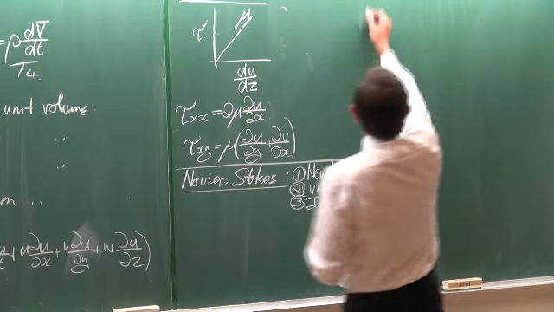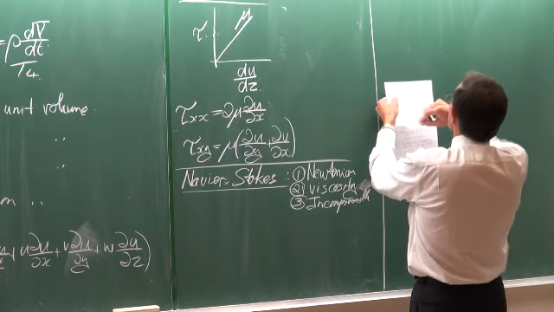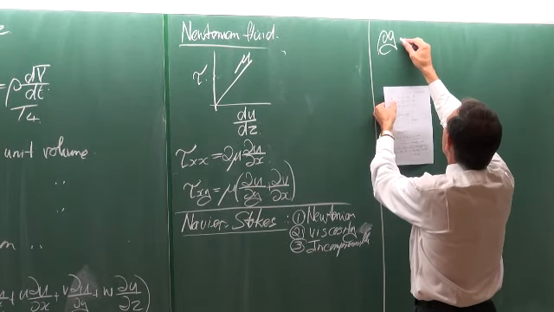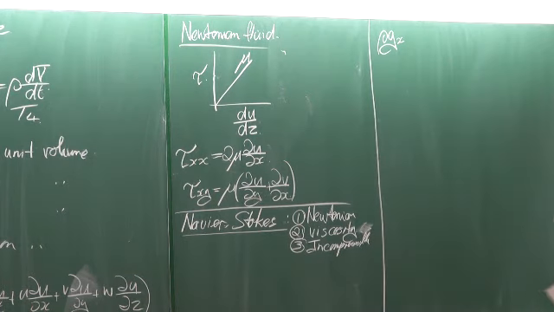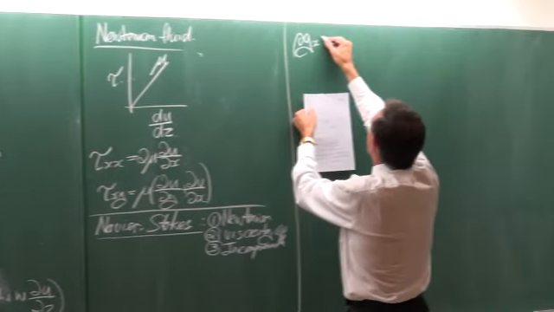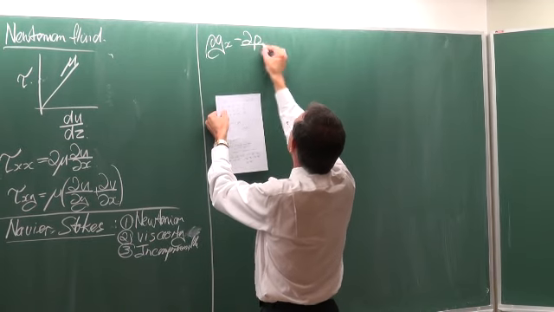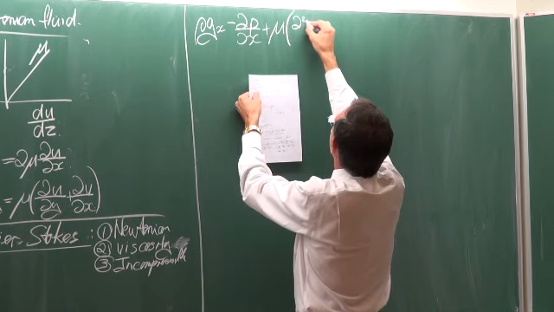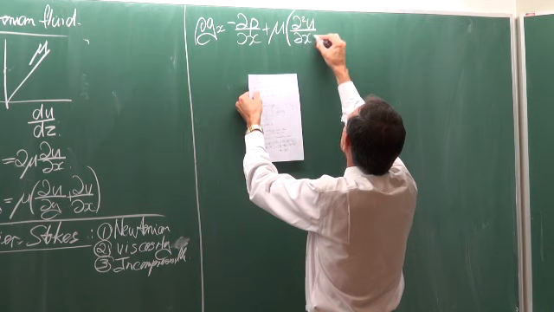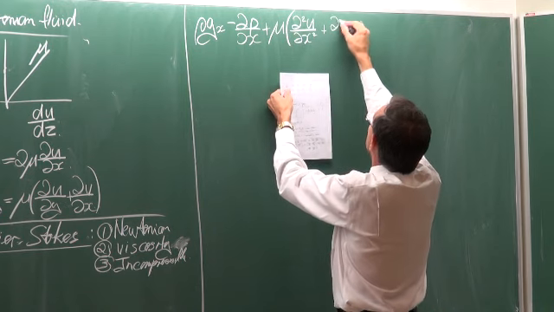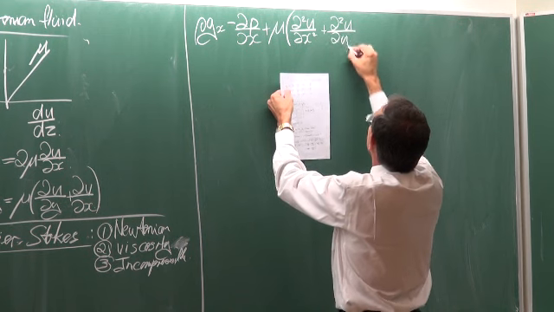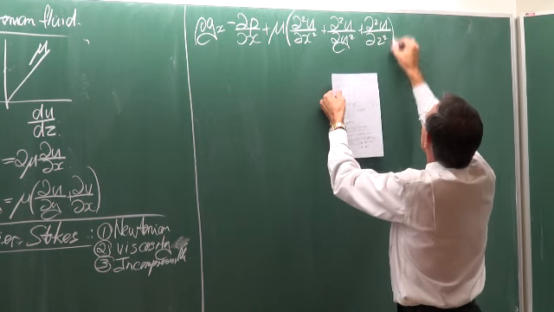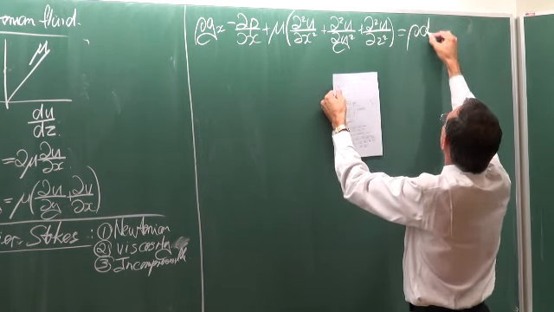Then the Navier Stokes equations can be written as follows. Rho multiplied by gravity in the x direction minus partial dp dx, plus the viscosity multiplied by partial d2u dx squared plus partial d2u dy squared plus partial d2u dz squared, is equal to rho multiplied by du dt.